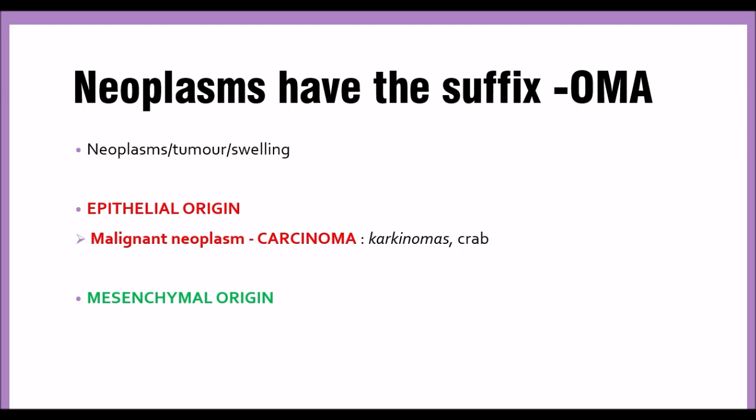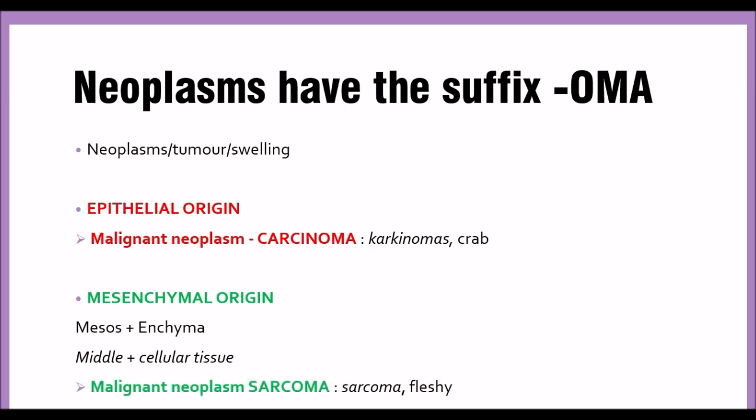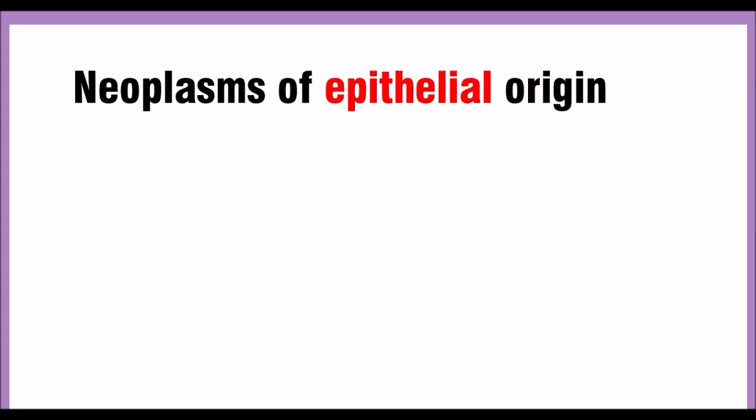Whereas if we have a mesenchymal neoplasm, mesenchymal being the middle cellular tissue of our body, basically all the soft tissues in our body, a malignant neoplasm from the mesenchymal layer will have the word sarcoma in it. So carcinoma, a cancer from the epithelial, sarcoma, a cancer from the mesenchymal layer.